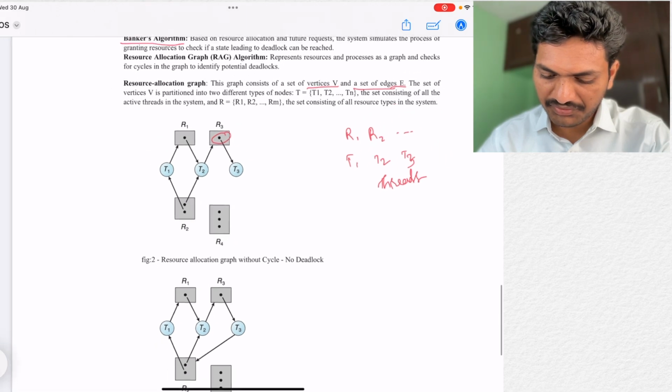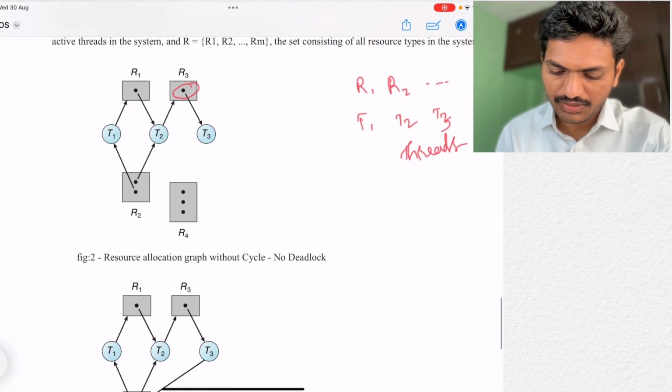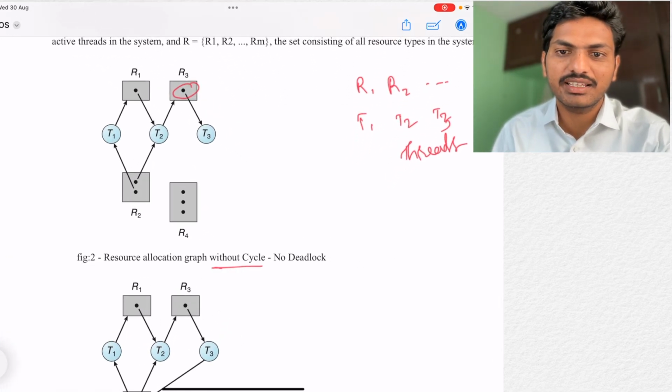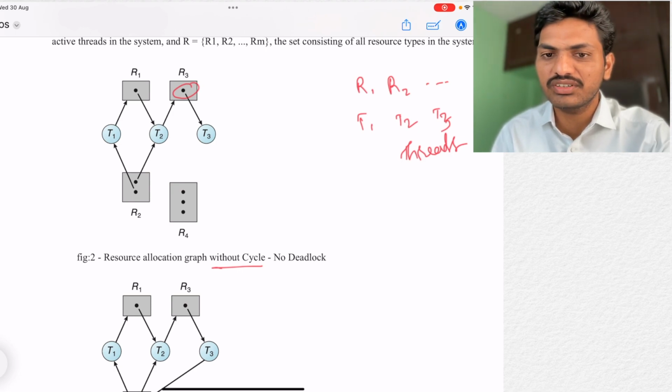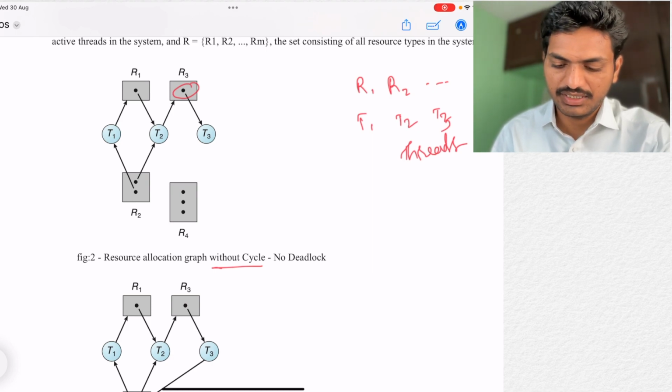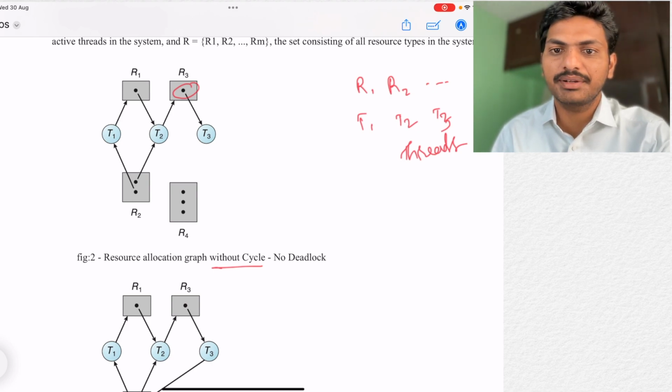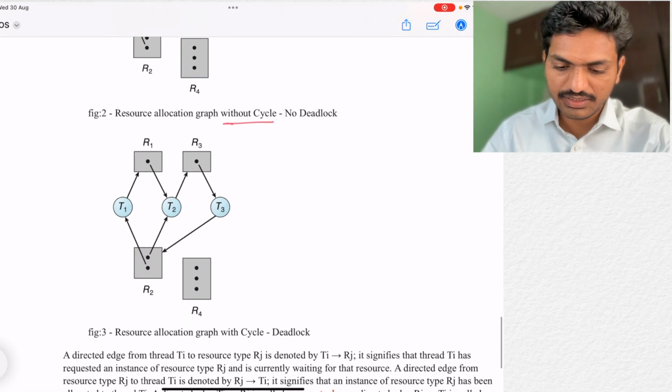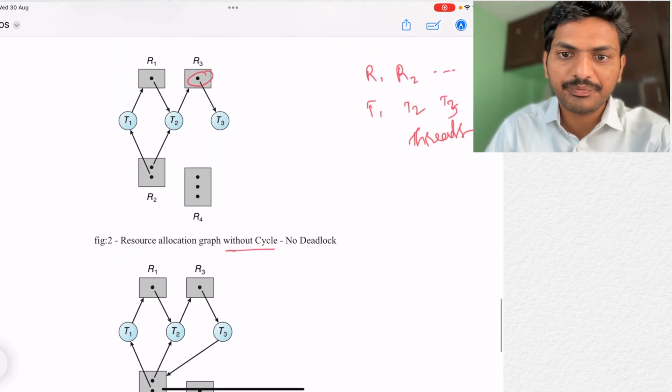In this graph, if you find any cycle, then there is a chance for deadlock. If there is no cycle, no deadlock. Simple formula. If there is any cycle in the graph, then there is a possibility that there is a deadlock. If no cycle, means no deadlock. See here, is there any cycle?